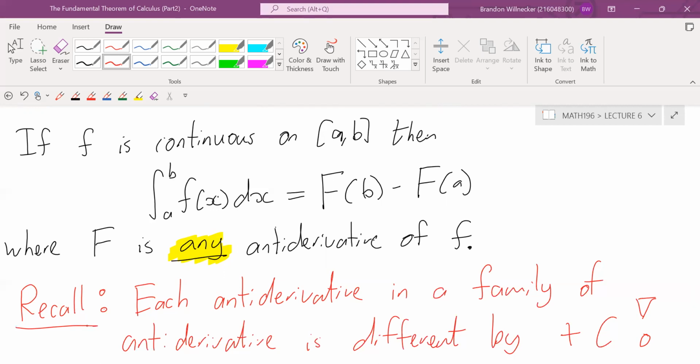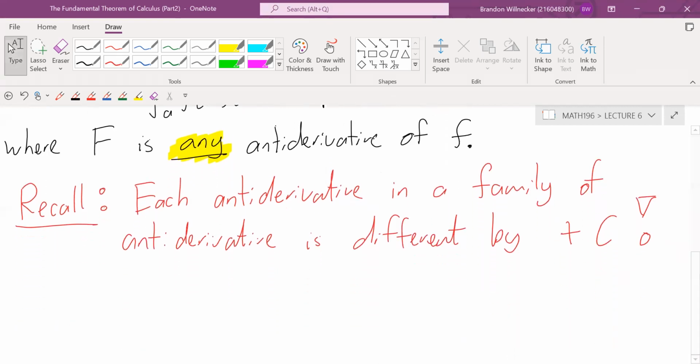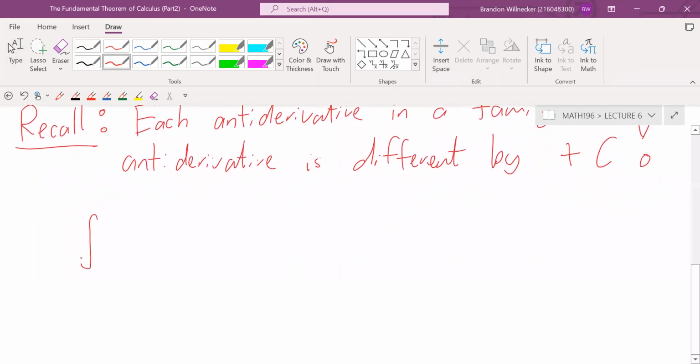So I'm going to choose a different antiderivative, and we're going to see, do we get the same result? So we're trying to calculate the same definite integral. The integral from a to b of f of x dx is equal to, now I'm going to choose a different antiderivative.